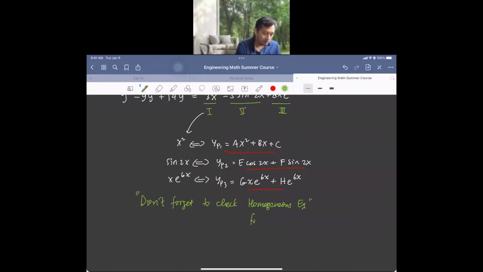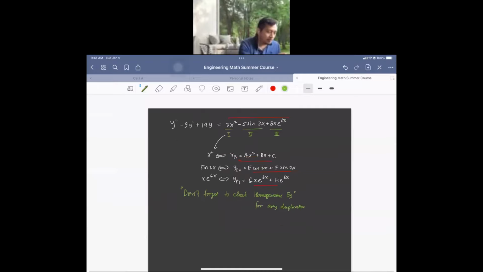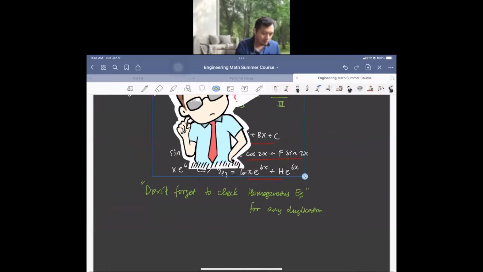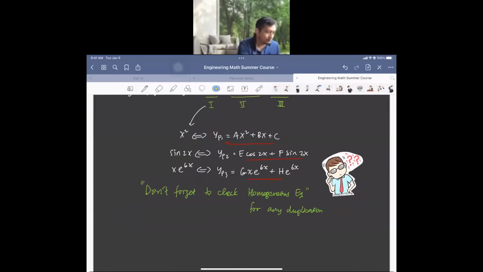Don't forget to check the homogeneous equation for any duplication. If you have a duplication, then you need to rewrite another prediction. Maybe I can write some. Let me give you here some to notice.